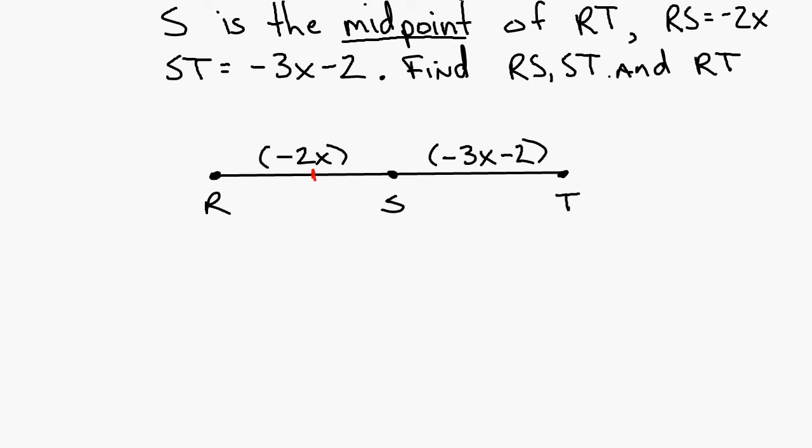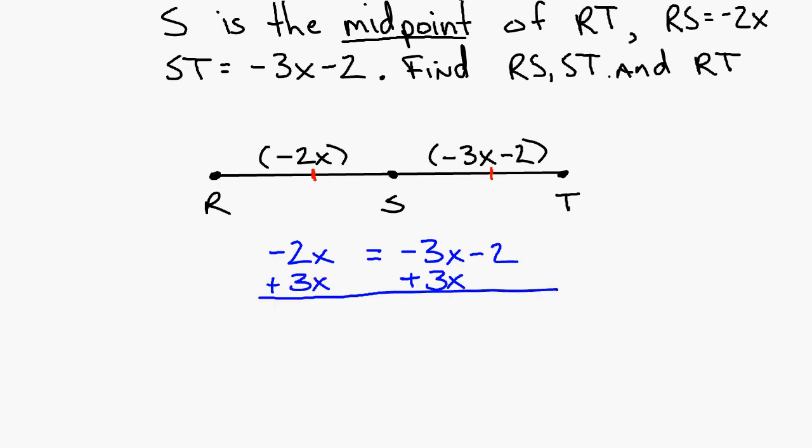So that piece is the same as this piece. So your setup would be negative 2x equals negative 3x minus 2. You could subtract or add 3x from each side. So x would equal negative 2.